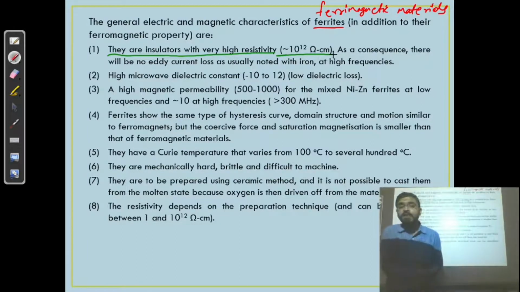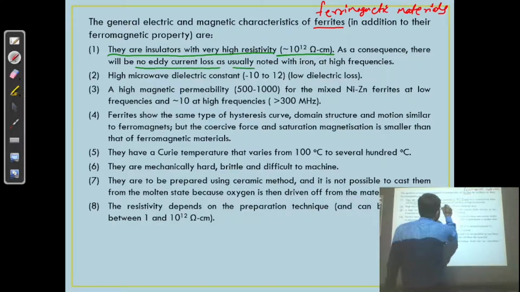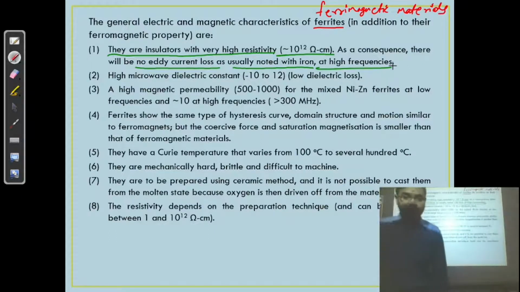With this property, ferrites do not have eddy current loss, which is normally found in iron at high frequency. When you operate ferrite materials at higher frequencies, you will not have eddy current loss due to their insulating behavior and high resistivity.